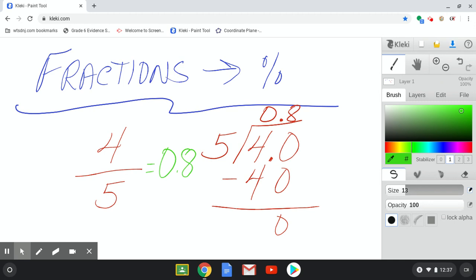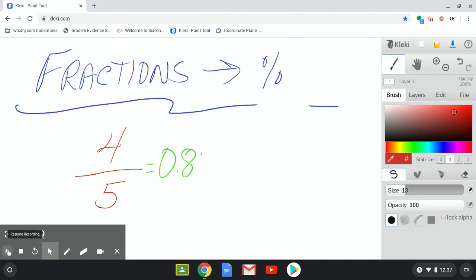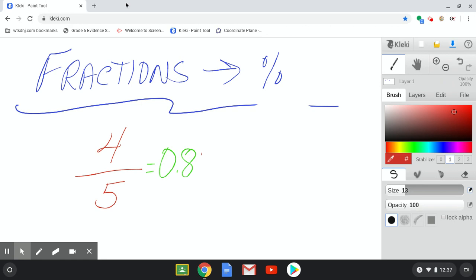Well, we remember from yesterday's lesson, in order to go from a decimal to a percent, we're going to move our decimal 2 places to the right and add a percent sign. So let's go ahead and do that. So 2 places to the right, 1, 2, and I cannot leave this open space. I need to put a placeholder.